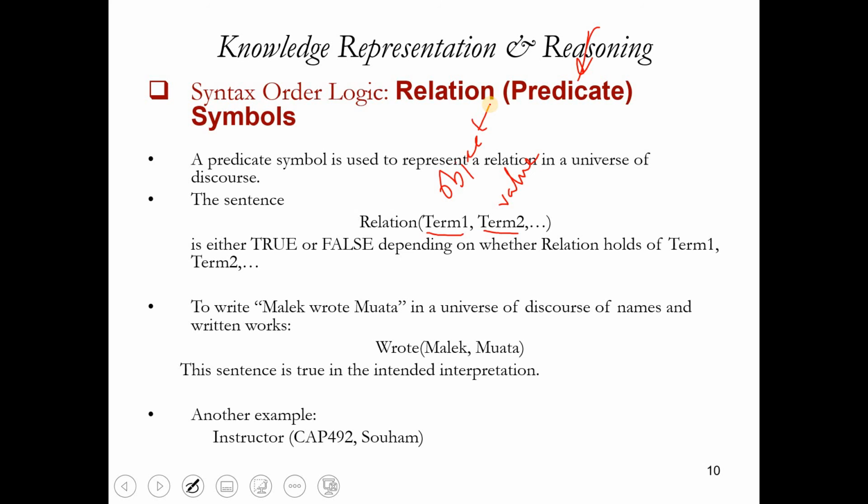Okay, so let's say I want to define this sentence, Imam Malik wrote Mauta. So I can write a function Wrote(Malik, Mauta). Over here is the object Malik, and Mauta is the name of the book.